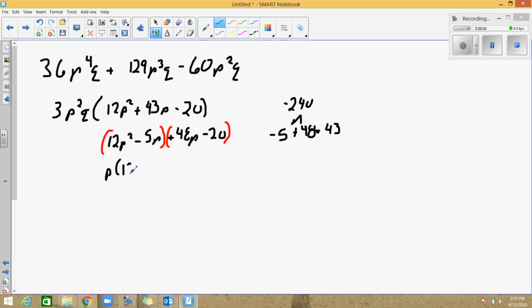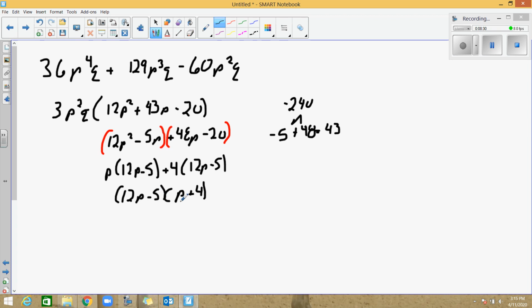Gives me 12p minus 5. Here again, I'm looking to get 12p out of that, so I'm going to have to divide a 4. That'll be a positive 4. And that will get me that 12p. If I divide 4 out of negative 20, I get negative 5. So this guy is 12p minus 5 when I do the factor by grouping. And I also get that p plus 4 remains.